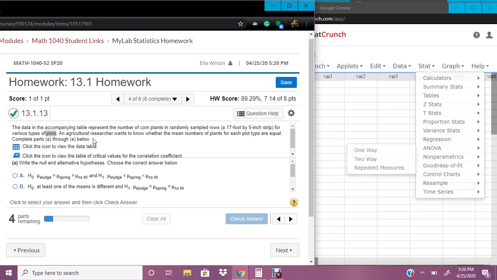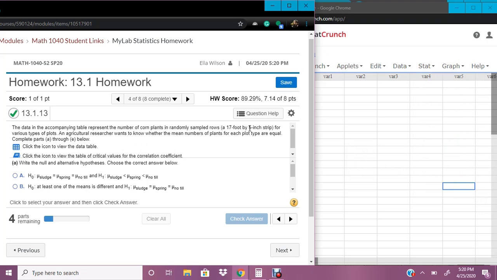So this question right here, the different populations are the types of plots, and they're testing to see the number of corn plants in randomly sampled rows. So for these types of questions, our null hypothesis will be that all of them are equal to each other, just like here.